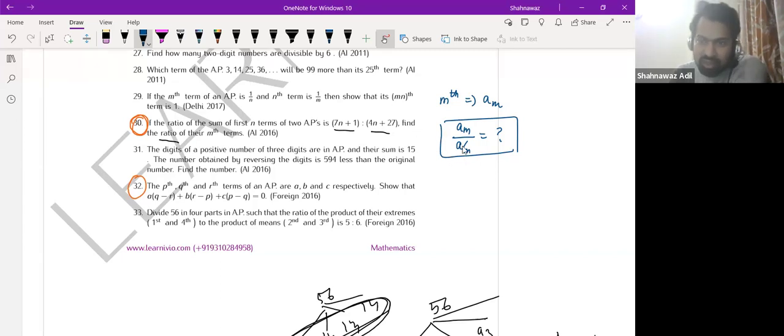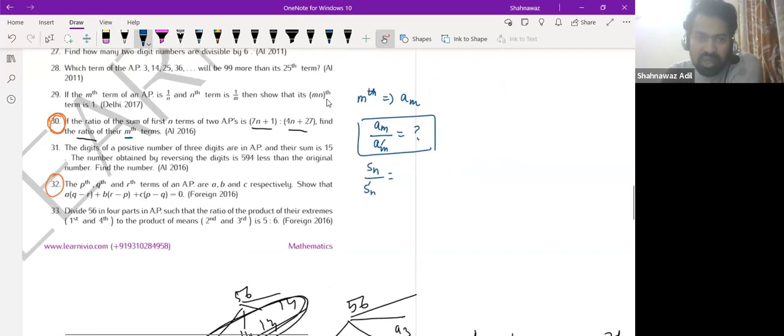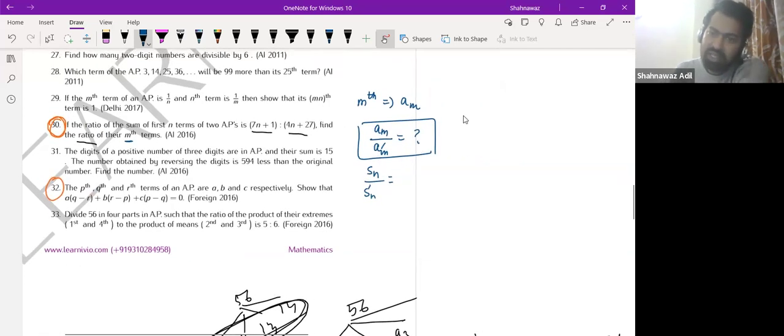So mth term. What is given? In this question, you are given Sn by S prime, and this is given, right? You have two APs, which means their first terms would be different, and their common differences are different.